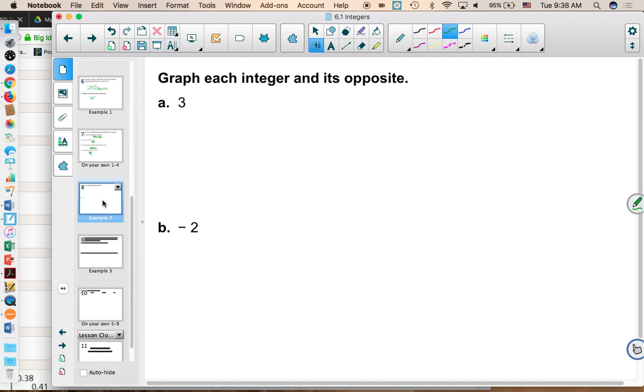Graph each integer and its opposite. Graph the integer and its opposite. There you go. What else you gotta do to make sure they're graphed? There we go. She now has it graphed appropriately, because before those dots were put there, I couldn't tell who was being graphed.